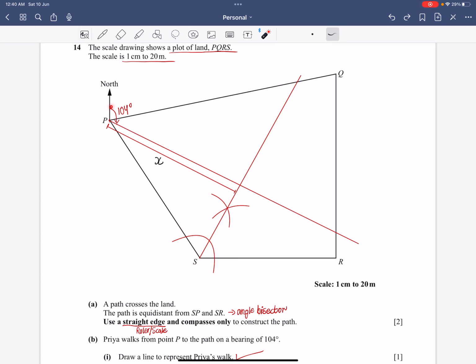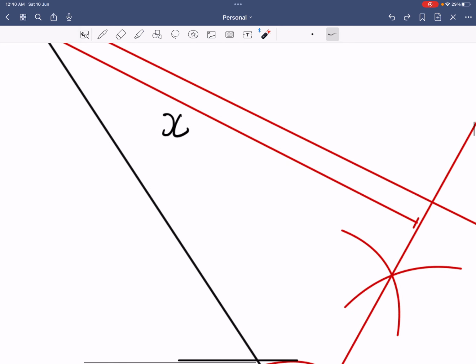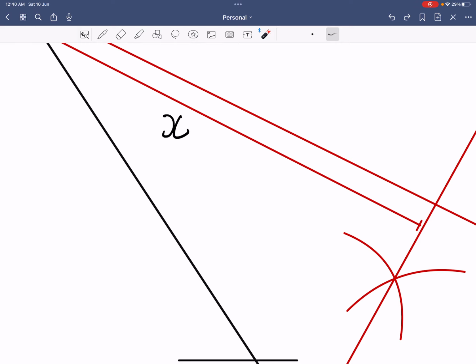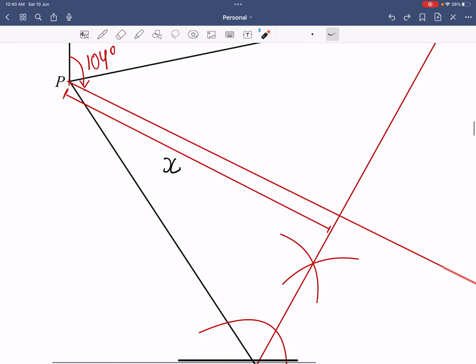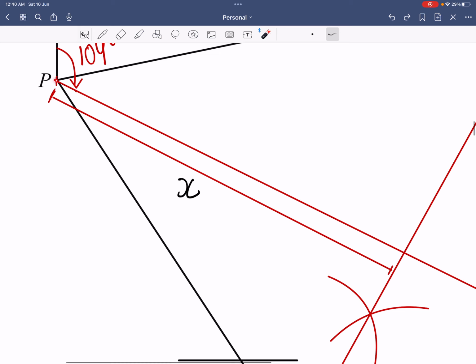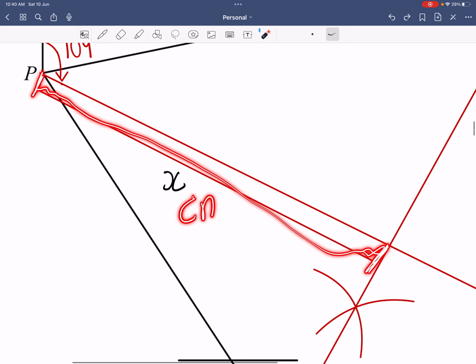Then on a bearing of 104 degrees, this will be the line, and this is where Priya and the path cross, and we'll measure this distance, and this distance will be labeled as x. I'm labeling this as x because I'm on my iPad, I can't measure the accurate length. So what you'll be doing is you'll place your scale here, and you will measure this length. When you measure this length, you will get something in centimeters.